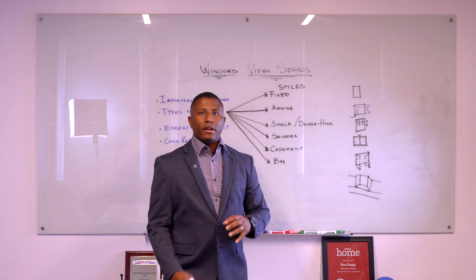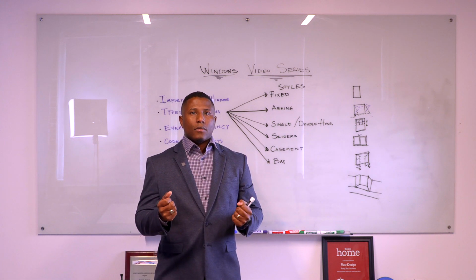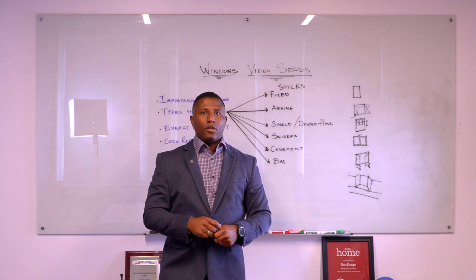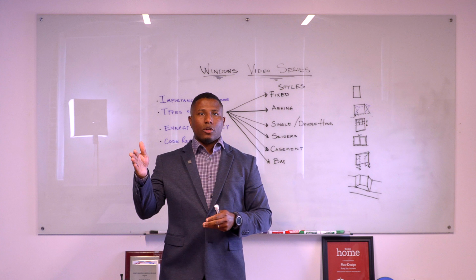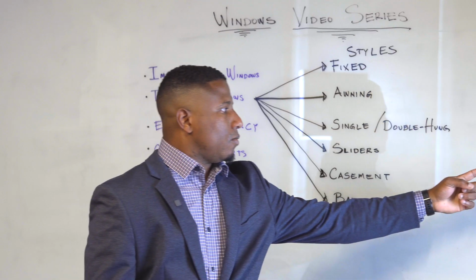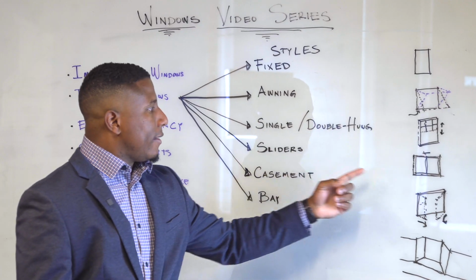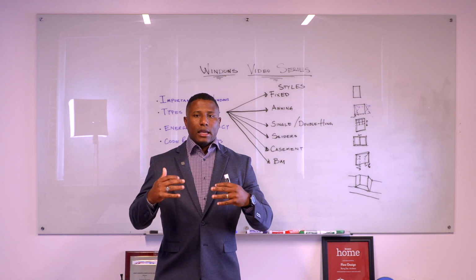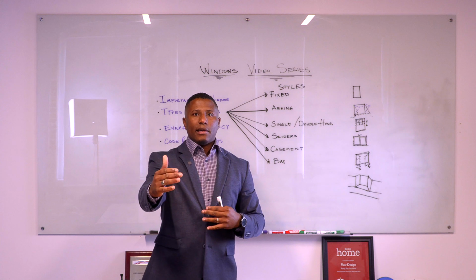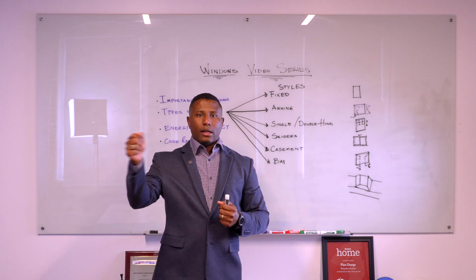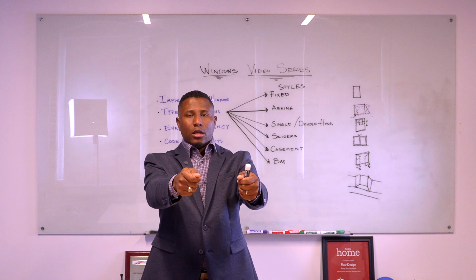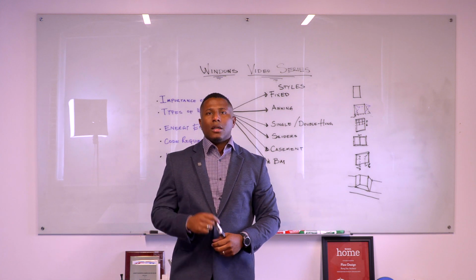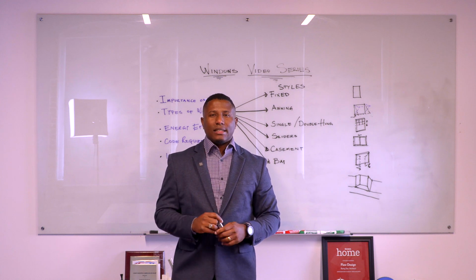With sliders, the difference, compared to a double hung which opens vertically, is that sliders open horizontally, either one way or the other. This type of window, you see all the time, let's say in kitchen windows looking to the backyard, so you can actually bring things from the kitchen into the backyard.